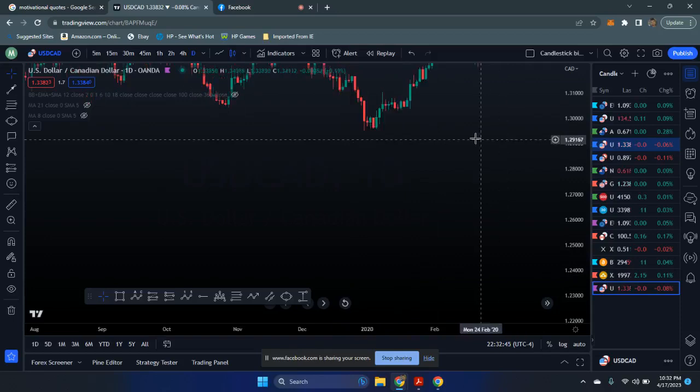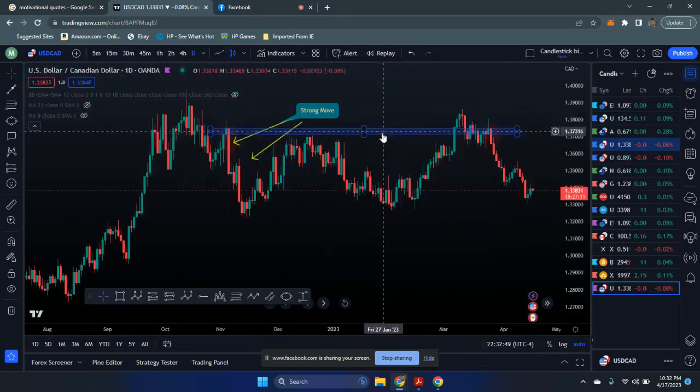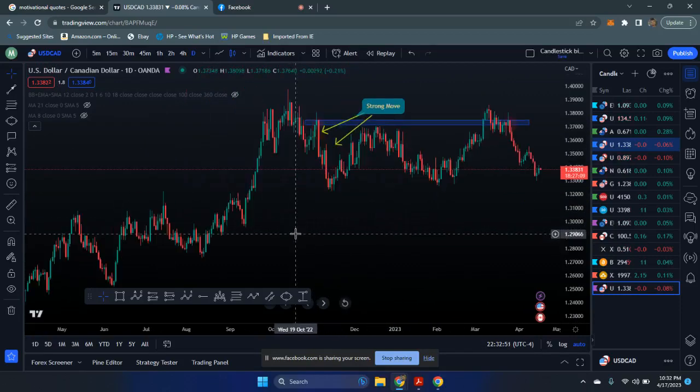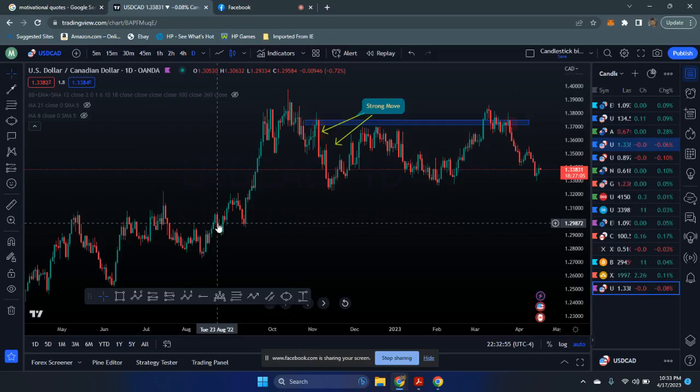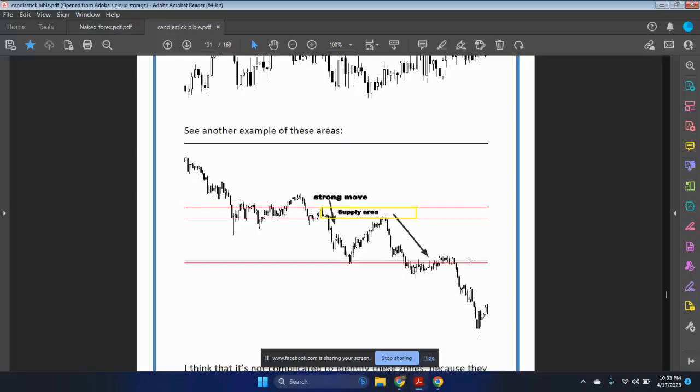We have a bullish engulfing here. I really like this area, I'm not going to lie. Let's take a look at one more example.